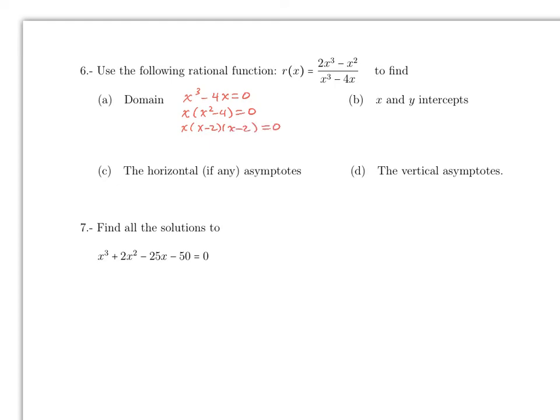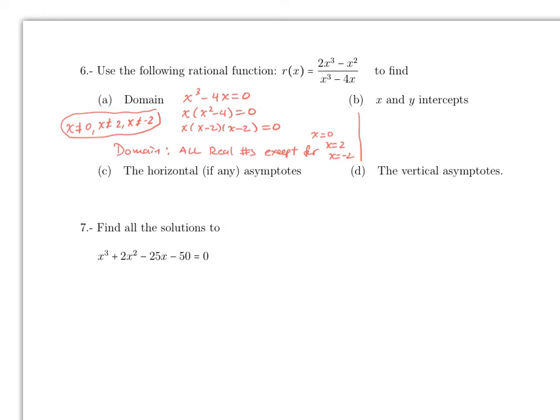So therefore the domain, you can say, is all real numbers except for x equals 0, 2, and negative 2. So that's one way. Now the lazy way, which is acceptable, you can just say x cannot be 0, x cannot be 2, and x cannot be negative 2. So this will be the lazy way, but that's perfectly fine.